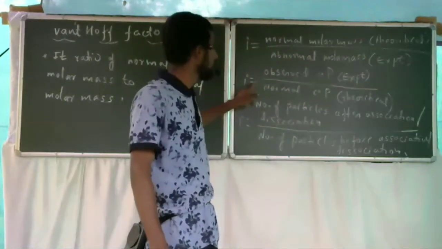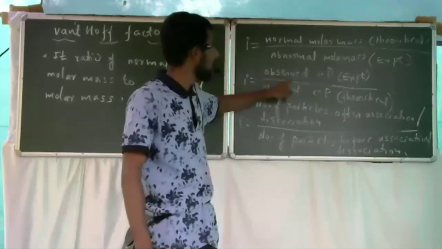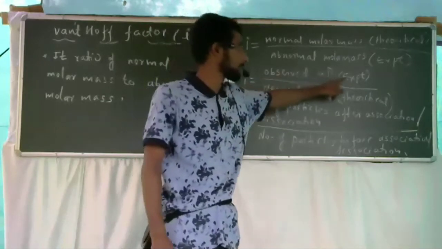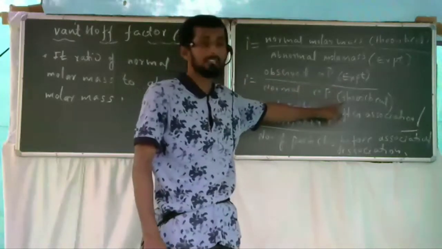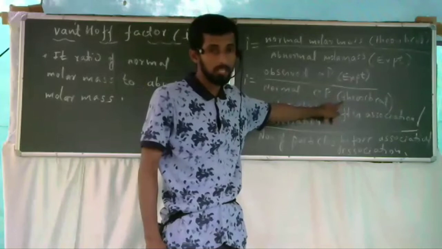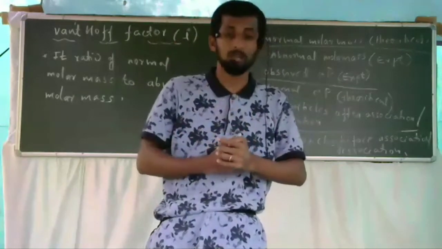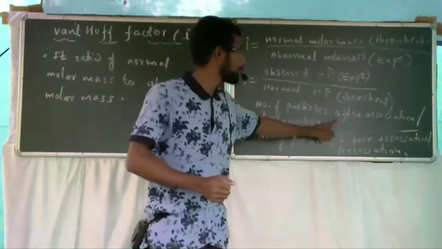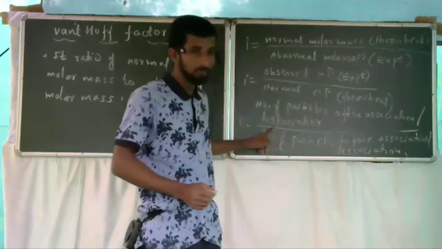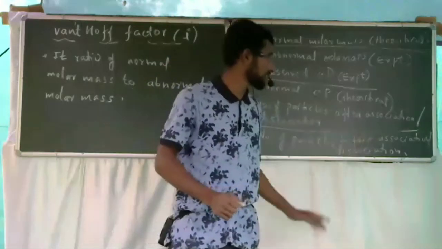If colligative property is given, then we can calculate i by using observed colligative property, that is experimental, divided by normal colligative property, nothing but theoretical colligative property. Or if number of particles is given, that is a simple method to calculate i.